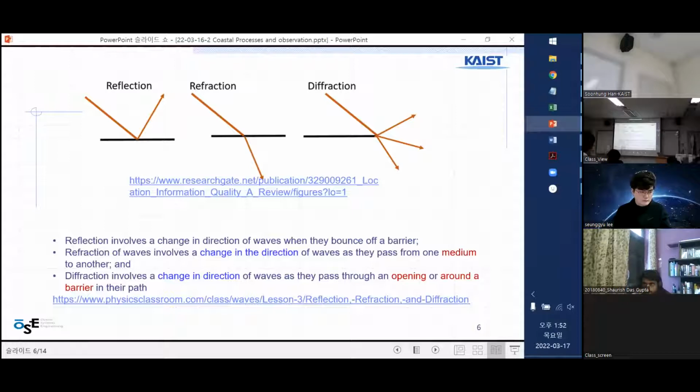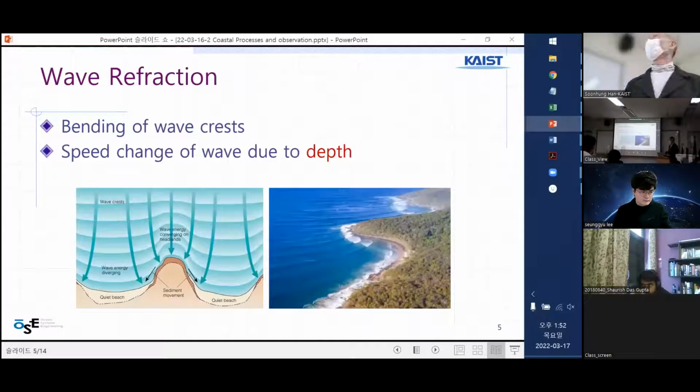One example is this. But diffraction gives you a change of direction that is the same, but it's through an opening, a small hole, or around a barrier. This is around the barrier. But the previous slide is refraction. So change of direction because of the medium. What medium here?